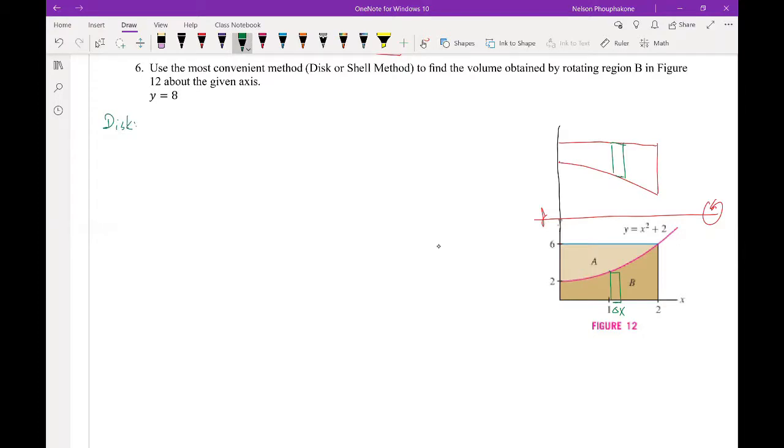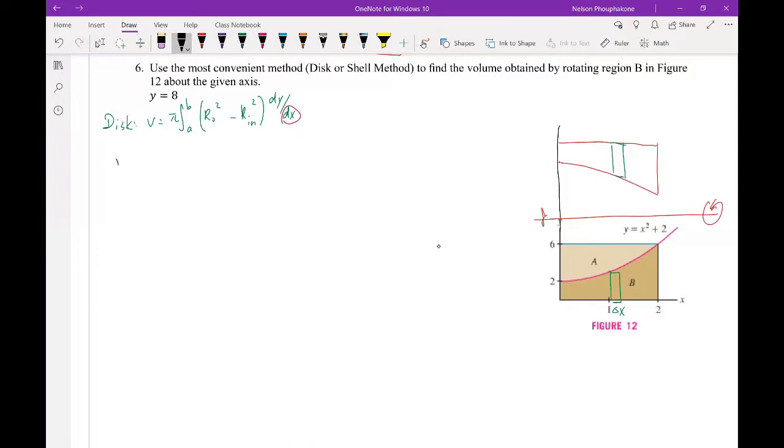So the volume, basically we integrate pi, integrate between a and b of the radius, outer squared minus inner squared, and then we work with either the y or the x. But of course, for this problem right here, we are going to work with the x. Okay, so let's set this up.